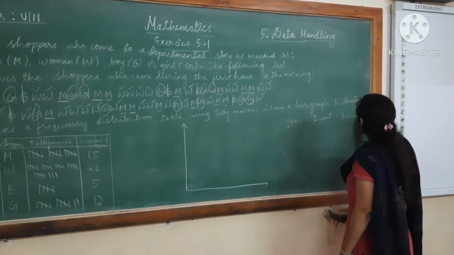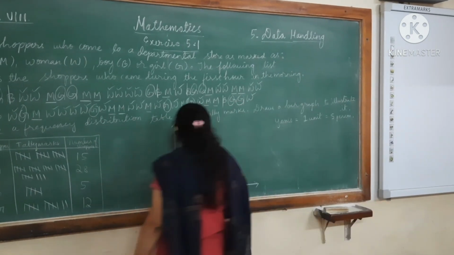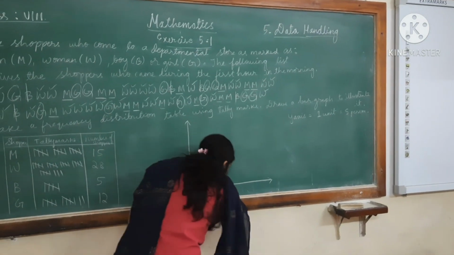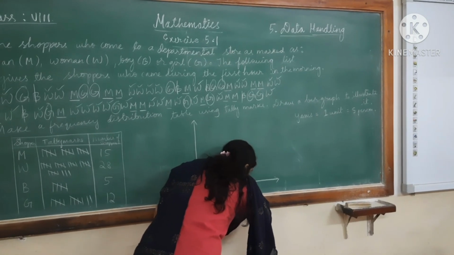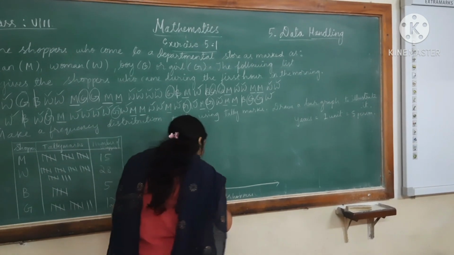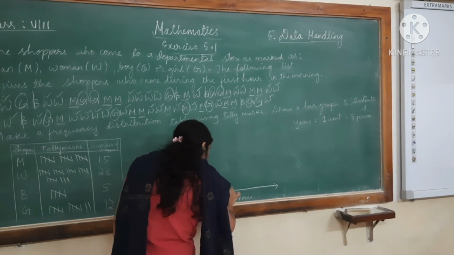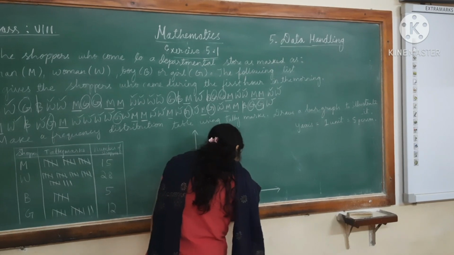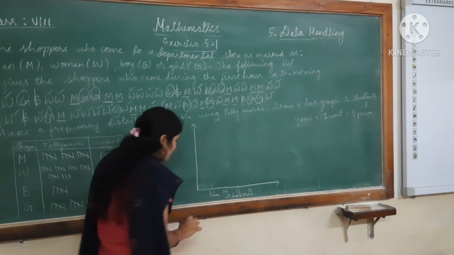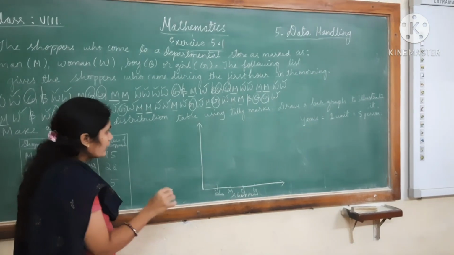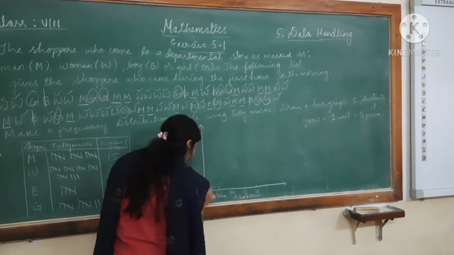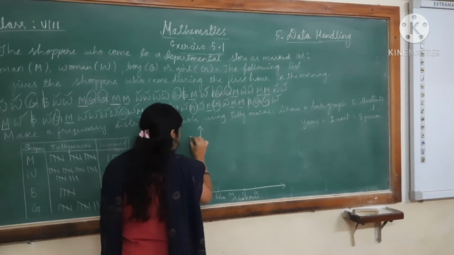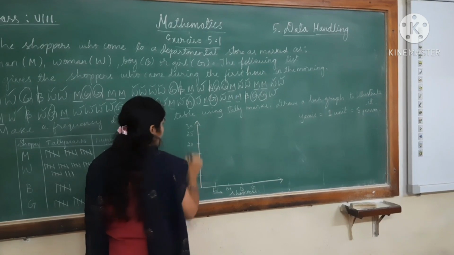And on the x-axis you can consider the shoppers list, that is man, woman, boy and girl. And on the y-axis, 5, 10, 15, 20, 25, 30.